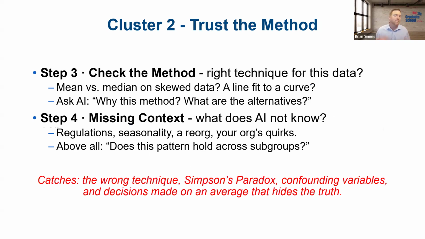The second cluster is the method, and this I think is particularly useful because, again, not everybody who's working with data is a data analyst. You're asked to prepare something for a report, and it's using all these fancy words and statistical terms, and you don't know what that stuff means, right? That may be you, and that's okay.